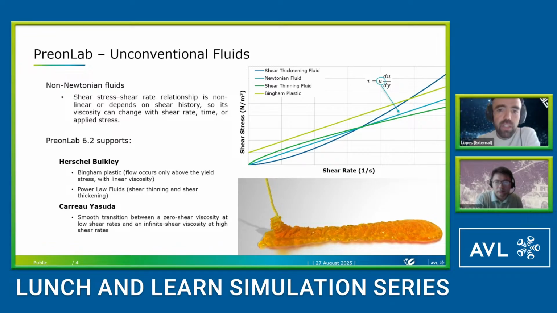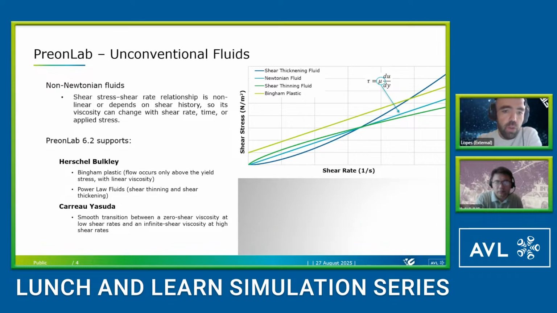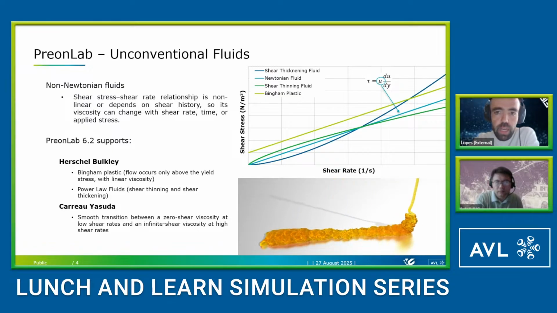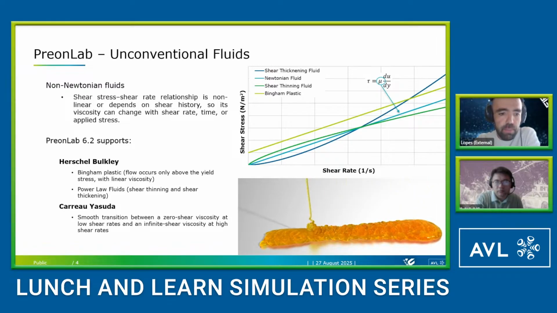So it needs an initial stress in order to flow. And then the more that you press the toothpaste, the easier it flows. So this toothpaste behavior can be modeled with the Herschel-Bulkley model in PreonLab. And this viscosity model also allows us to model just simple shear thinning and shear thickening fluids without the initial yield stress when this parameter in the equation is 0.